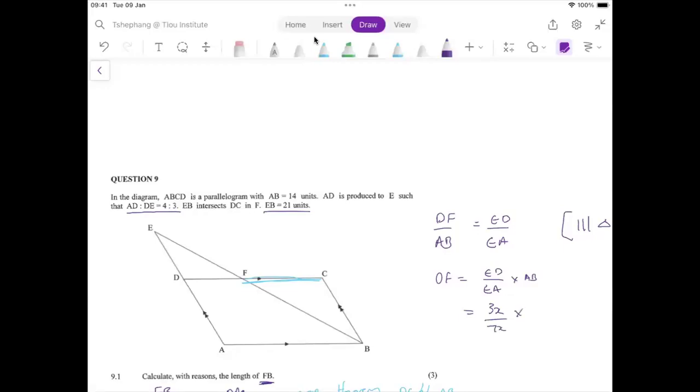Then multiplied by AB, which is given to be 14. Then calculator work, the x's cancel each other out. 7 times 2, 7, 7 cancel. 3 times 2. We should be getting a 6, not a 2. Yes, 3 times 2 gives us 6. I don't know why it changed it to an O. It's not O, it's DF. Sorry. There we go.